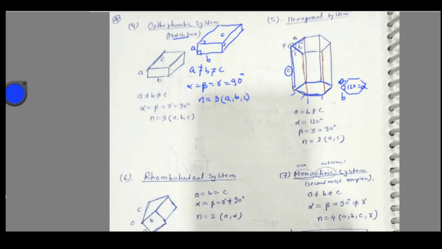So alpha is 120 degree, and beta and gamma, the angles on the odd side, are 90 degree.